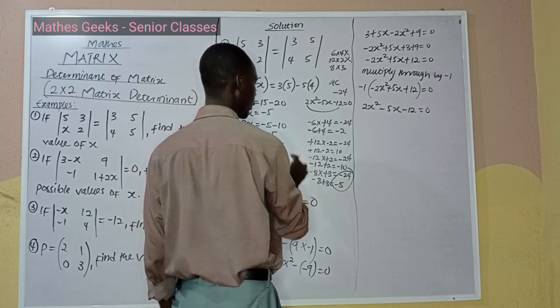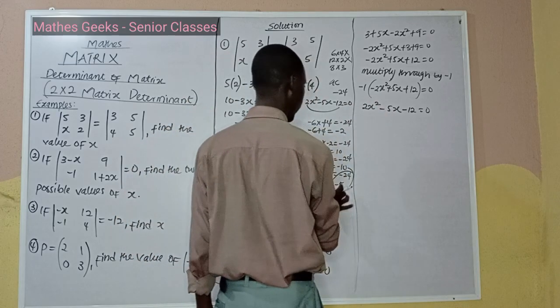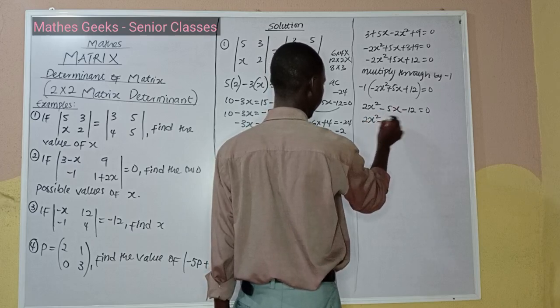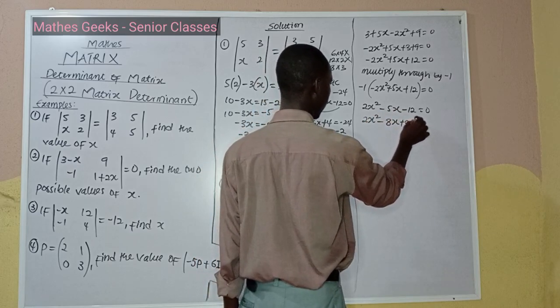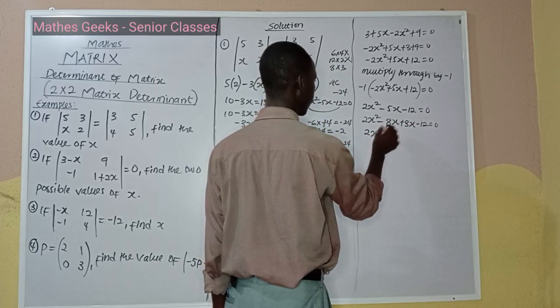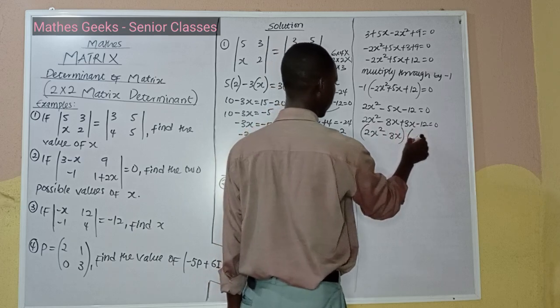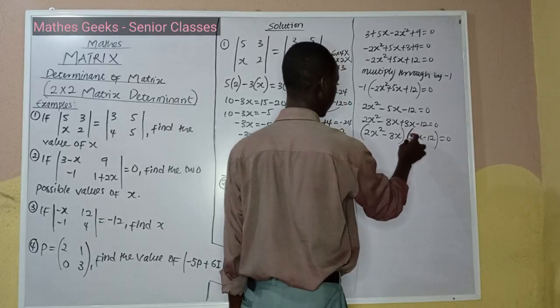So we say 2x squared, and we'll put these two factors in place of minus 5x. 2x squared minus 8x plus 3x minus 12 equals 0. So 2x squared minus 8x, then 3x minus 12 equals 0.